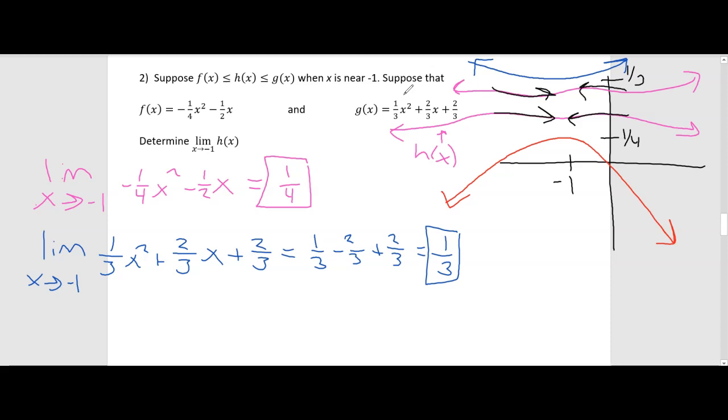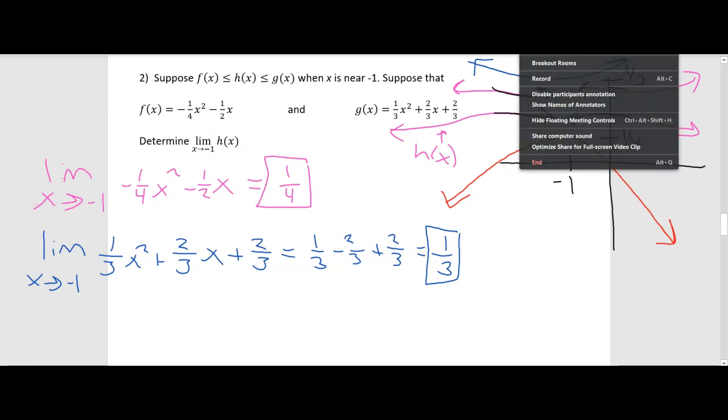But both of those would be valid pink functions because the limits of my red and blue are not the same. So there's a gap, which means my pink function could fit in multiple different spots, and the limits could be different as well. So we cannot invoke the squeeze theorem for number 2, and we can't say anything about the limit of h of x as x approaches -1.